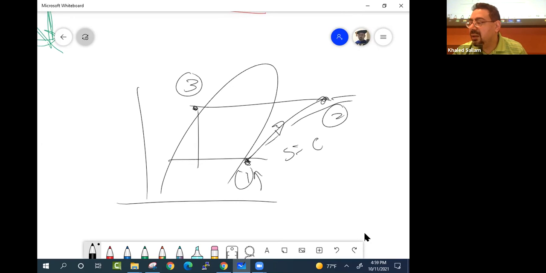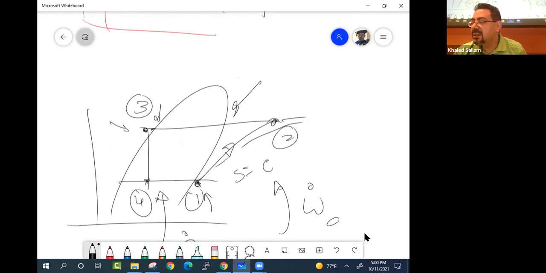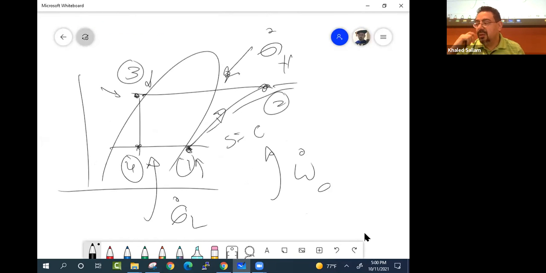And again, ideally it could be saturated, but in real life it could be a little bit subcooled. And here is 4. This part is Q dot L. This part is work dot compressor. This part is Q dot H, right? Piece of cake. What's work compressor? M dot delta H. Its own delta H. What's Q dot L?